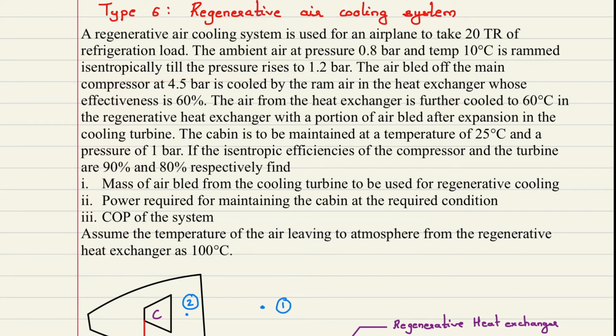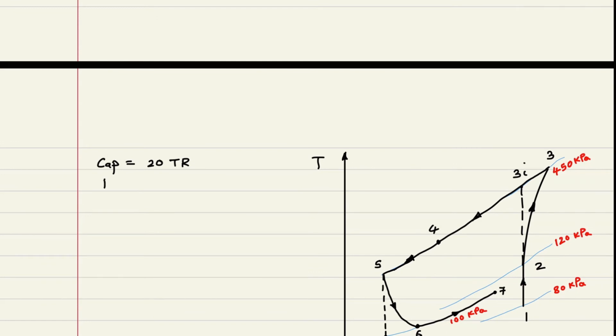So we will write down P1 is equal to 80 kilopascal and T1 is equal to 283 Kelvin. It is rammed isentropically, so the pressure has been given, P2, which is equal to 120 kilopascal. So 1.2 bar multiplied by 100, 120 kilopascal.